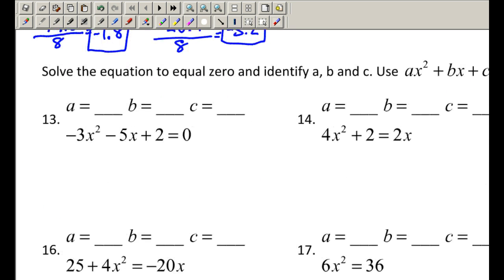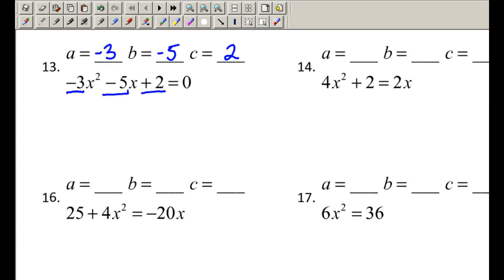We already talked about 13 and those already. The number in front of the x squared, that's A. The number in front of the x is B. The number by itself is C. Right? And when you get to something like 16, they're not in order.